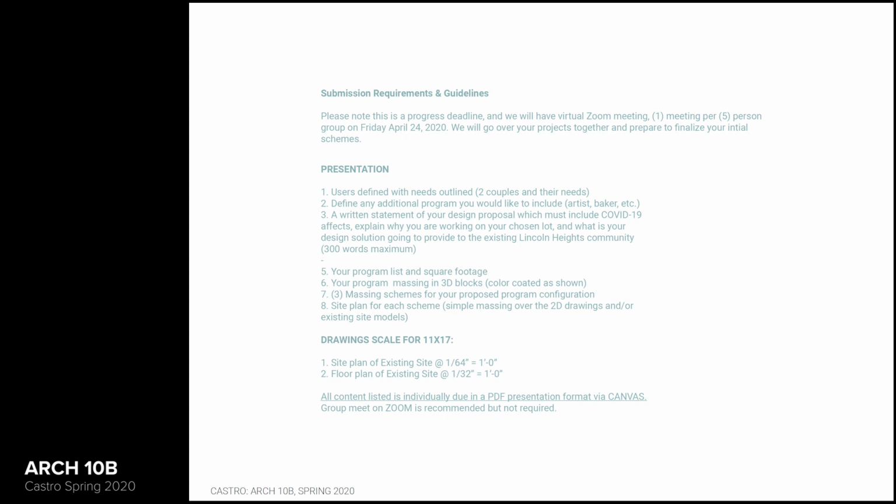And number 3, I want to see a written statement of your design proposal, which must include COVID-19 effects, explain why you are working on your chosen lot, and what your design solution is going to provide to the existing Lincoln Heights community. Now, I've made a 300-word maximum for this because I don't want to read really long essays. This is just a maximum. You can do a minimum of whatever you need to do in order to get the statement across.